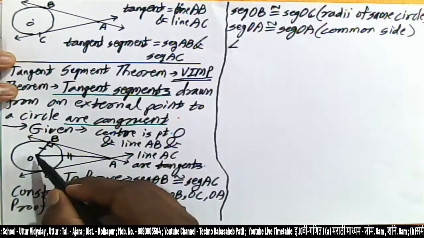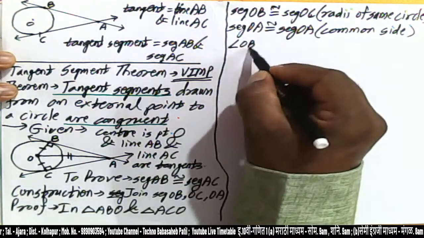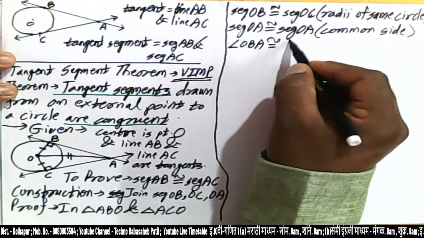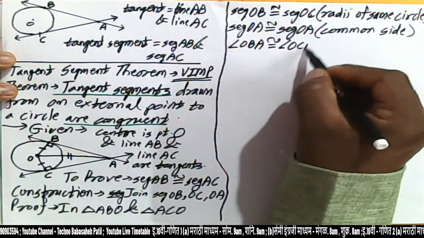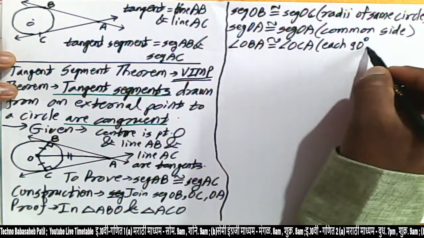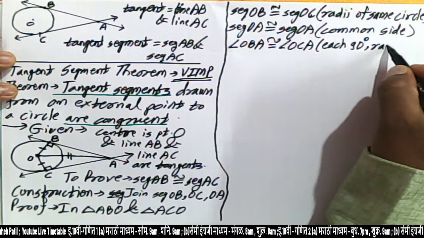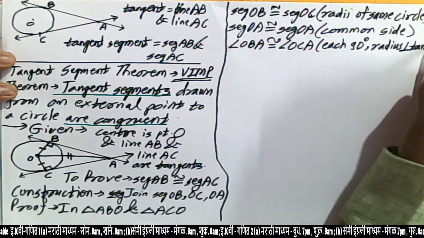So angle OBA is congruent to angle OCA, because each is 90 degrees, and the reason is radius perpendicular to tangent.